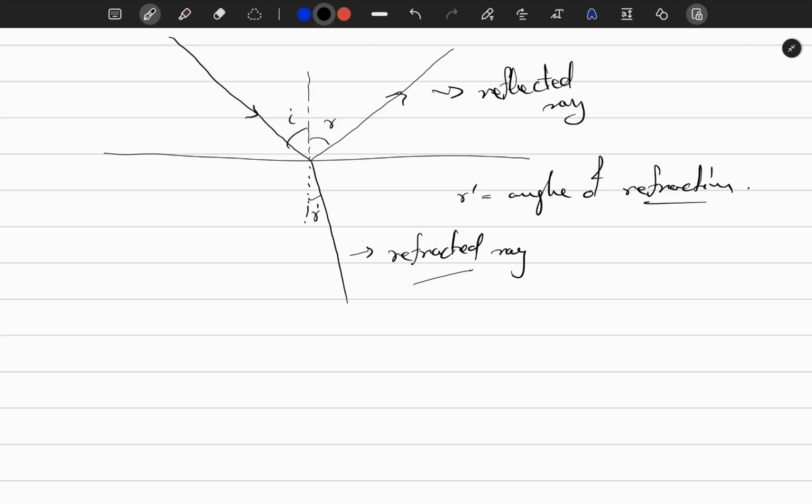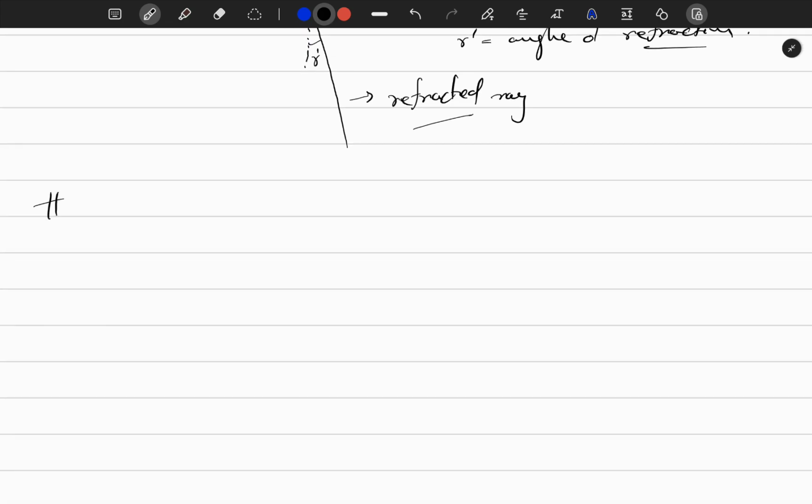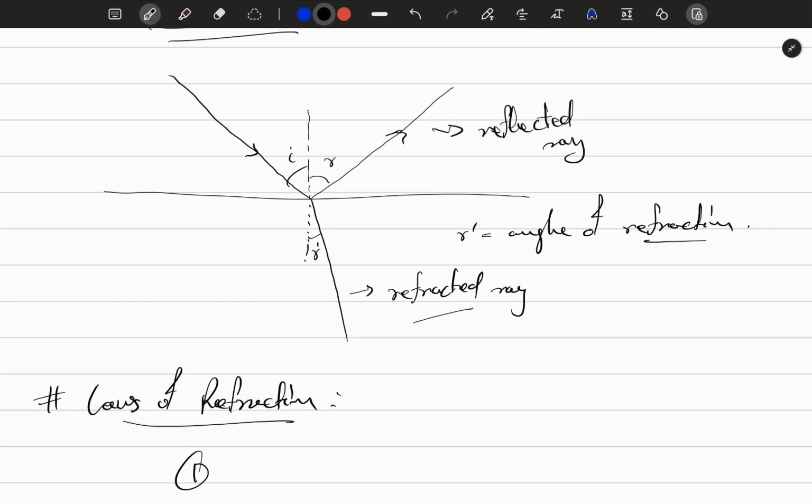So what are the laws of refraction? The first law is that the incident ray, the refracted ray and the normal at the point of incidence lie in the same plane.